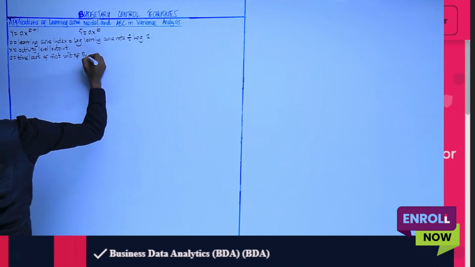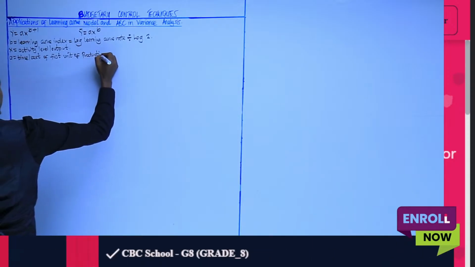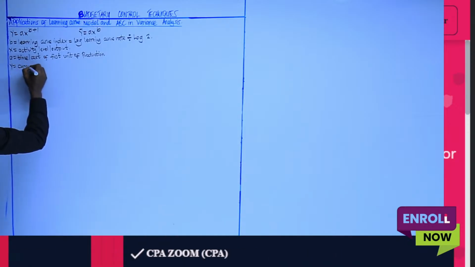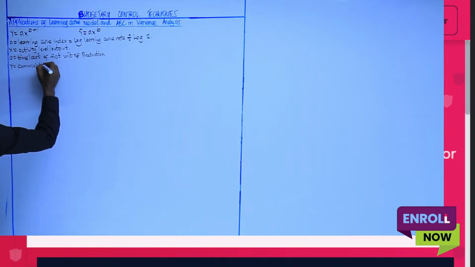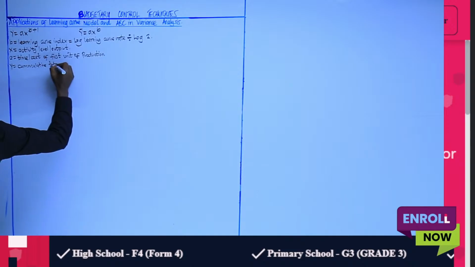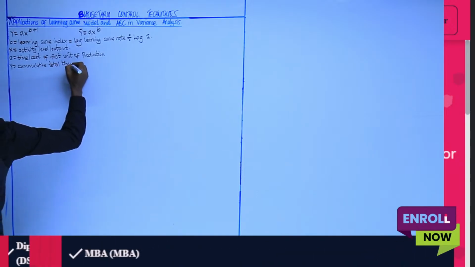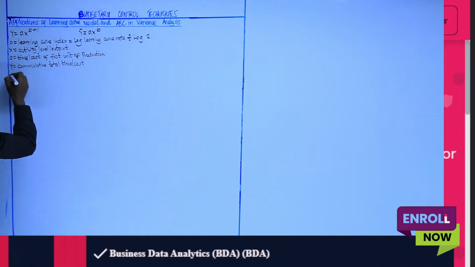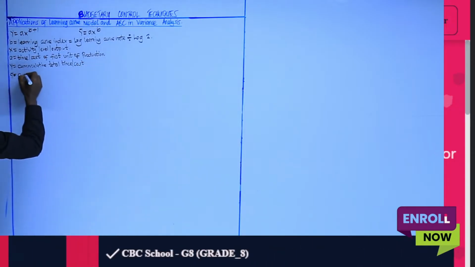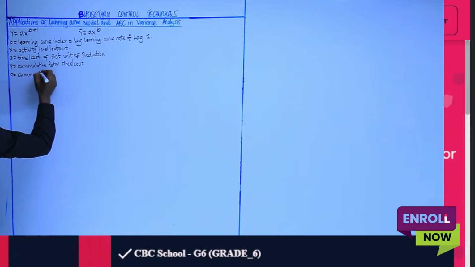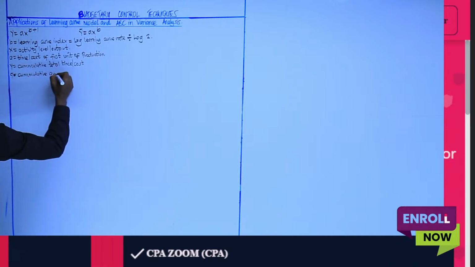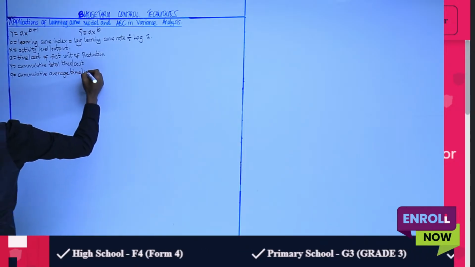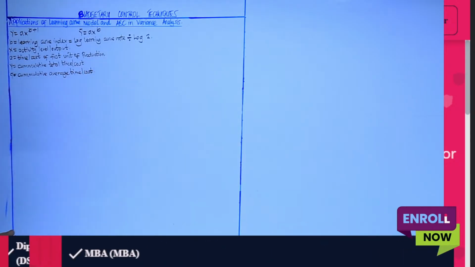Y is the cumulative total time or cost. Y bar is the cumulative average time or cost.